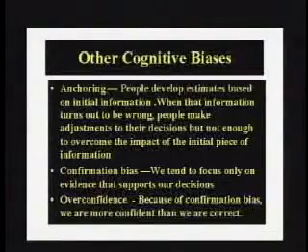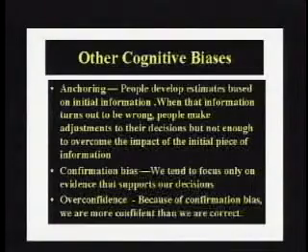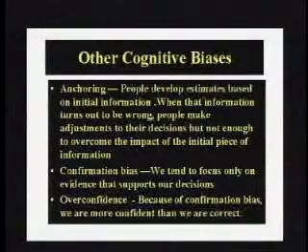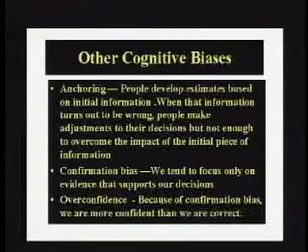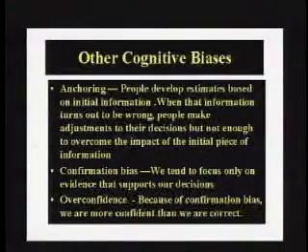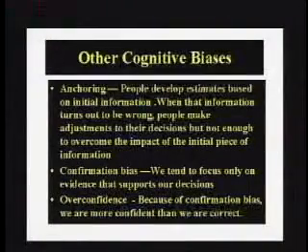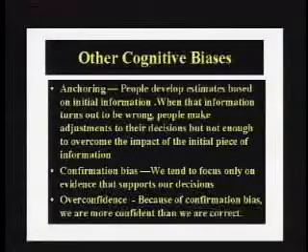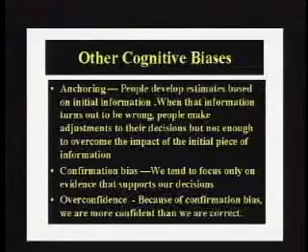The problem is, because of first impressions, we fail to adjust enough. We're anchored in some initial information, or sometimes we can't get rid of that initial impression altogether, and we keep coming back to it. It keeps biasing our attempts to make decisions because of some initial impressions that we were given.